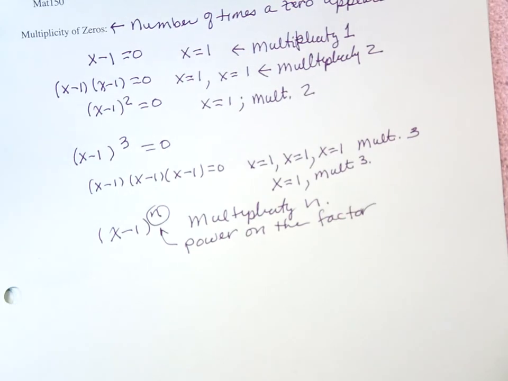If the factor has power 1, it's multiplicity 1. If the factor has power 2, it's multiplicity 2, because that's how many times that factor appears. So multiplicity is the number of times that a 0 appears.